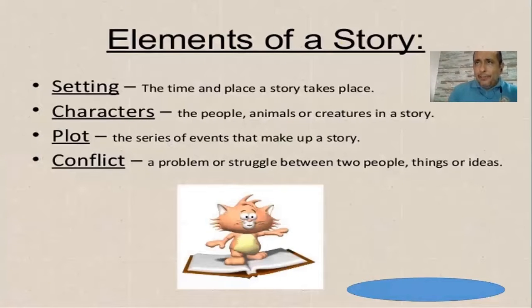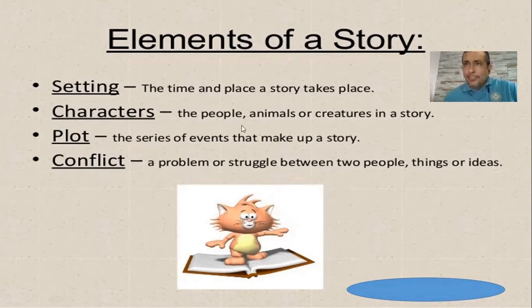Let's see here a little more clearly the elements of a story. We have setting, characters, plot, conflict. We don't have the theme here, but we are going to include theme and resolution. The setting is where the story takes place, but it refers to the time and the place. Remember, for time, when; for place, where. Every single story has a setting, and sometimes you are going to find more than one setting, depending on the content of the story.